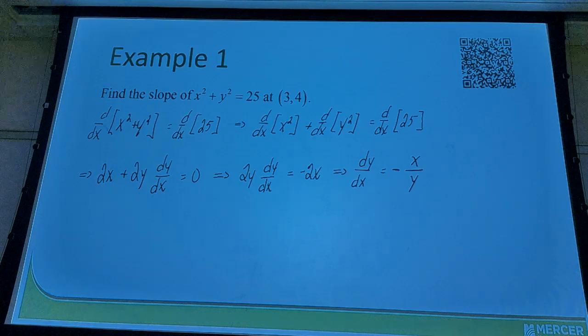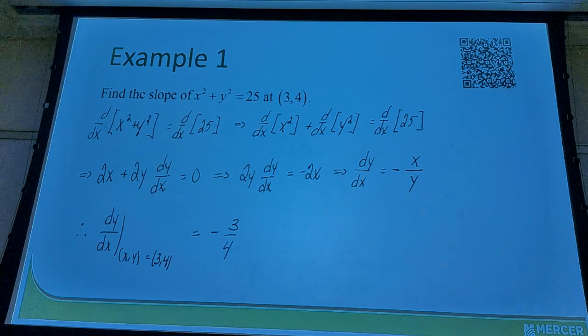The slope is negative x over y. Slope is negative 3/4.